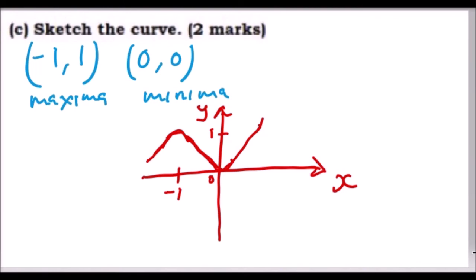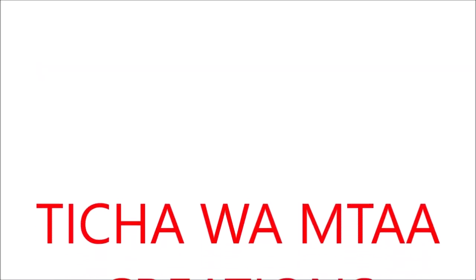So that is what is expected from you, and it's a very simple question. If you just follow the right procedure, you should be able to score maximum marks, that is 10 marks, and this kind of question would boost your score.